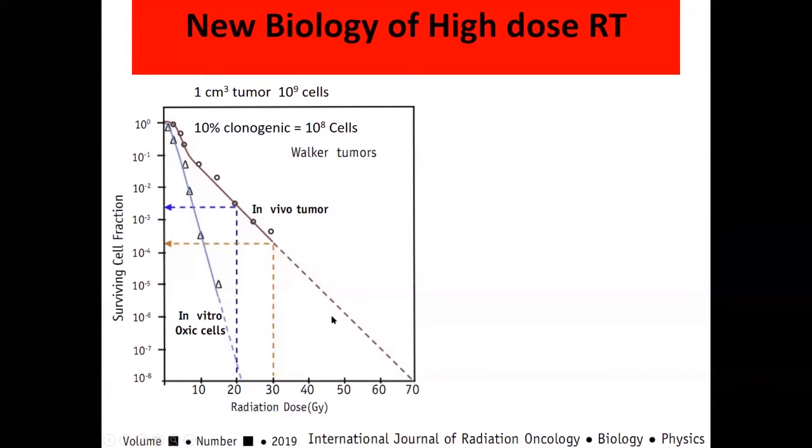But usually we know that 20 or 30 gray in a single fraction results in excellent tumor control. But based on this curve, 20 and 30 gray will reduce only 3 log or 4 log, which means that based on this survival curve, we should not expect excellent tumor control.